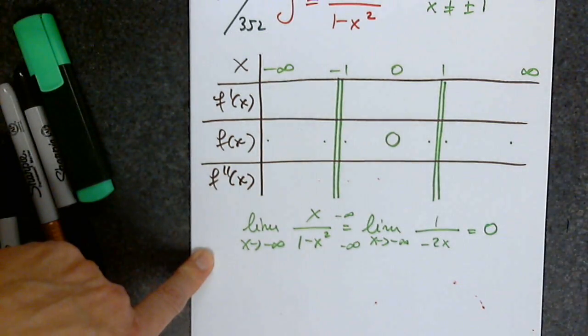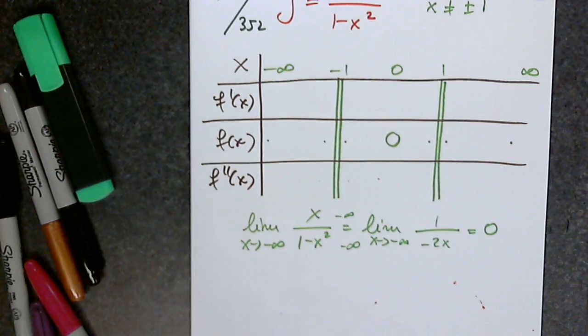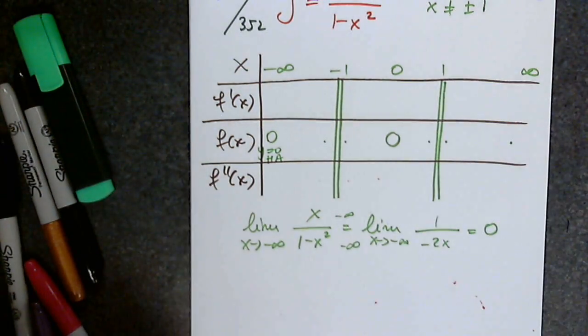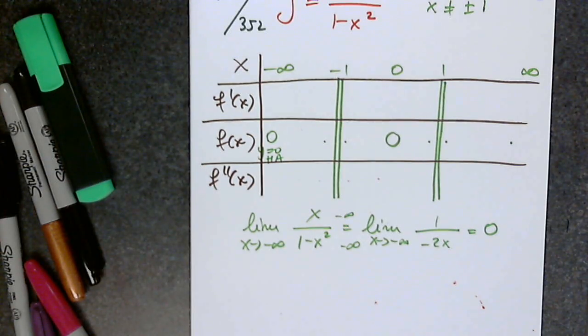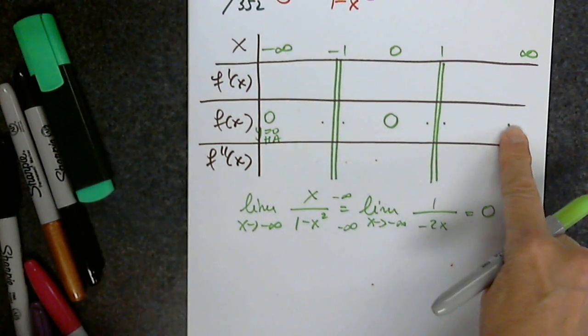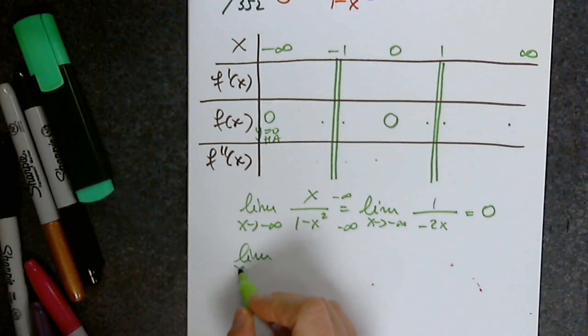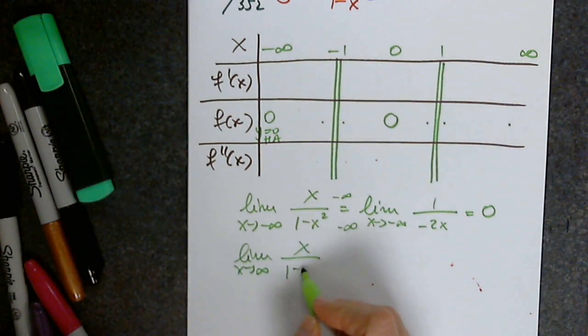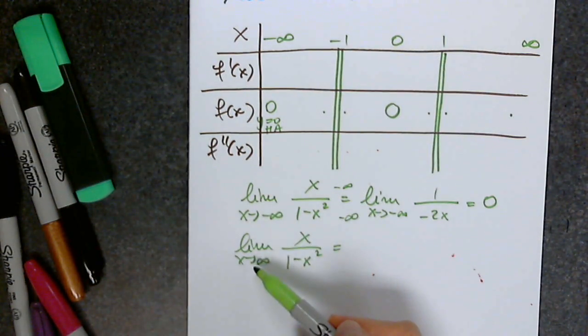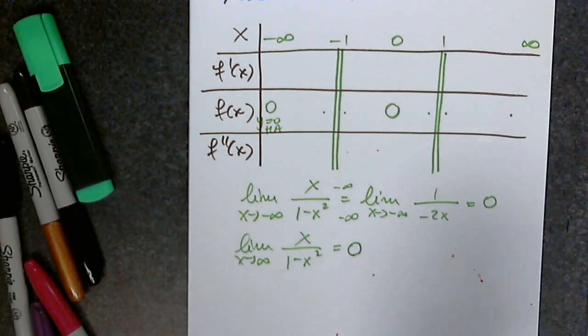Exactly. So y equals 0, horizontal asymptote. Let's look at this. Limit as x approaches infinity of x over 1 minus x squared. Do you think it makes a difference? No, it does not make any difference. If it's negative infinity or positive infinity, the answer is still 0.